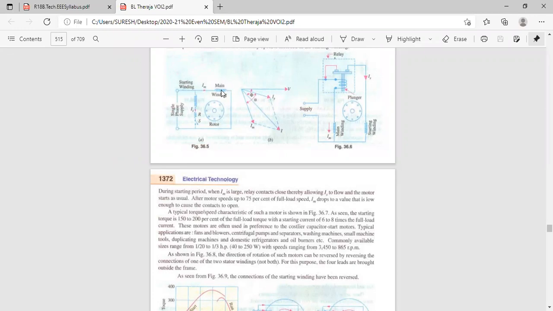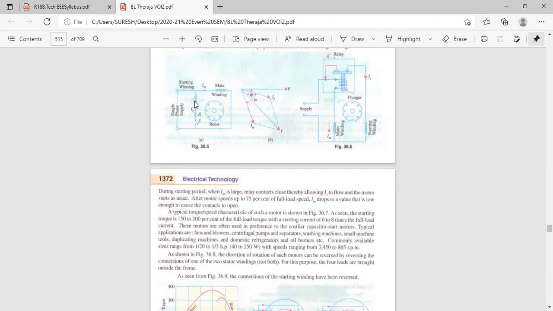Copper wire. On the iron piece you have copper winding. That is called your main winding. Only one winding you have, so there is no starting winding. Why we use a starting winding, I will tell later. Whatever winding you have on your iron piece is called the main winding.